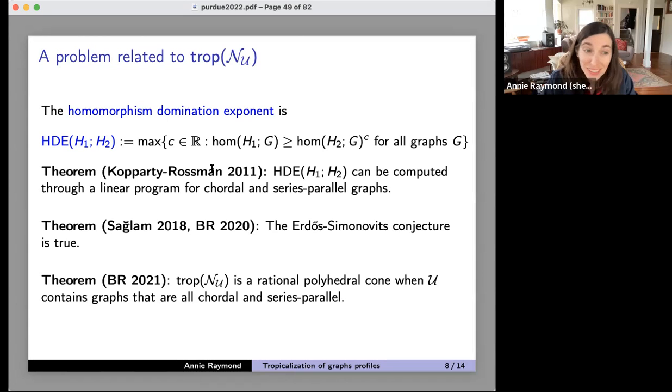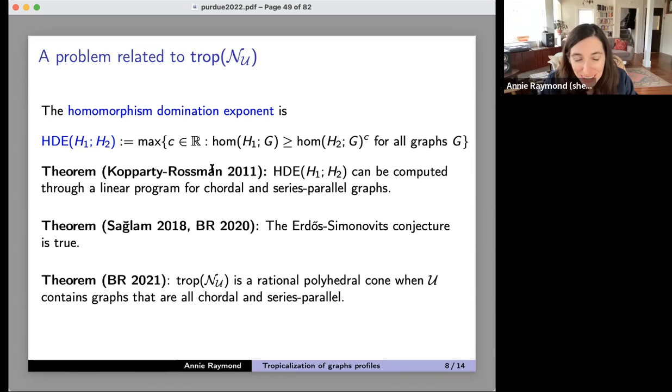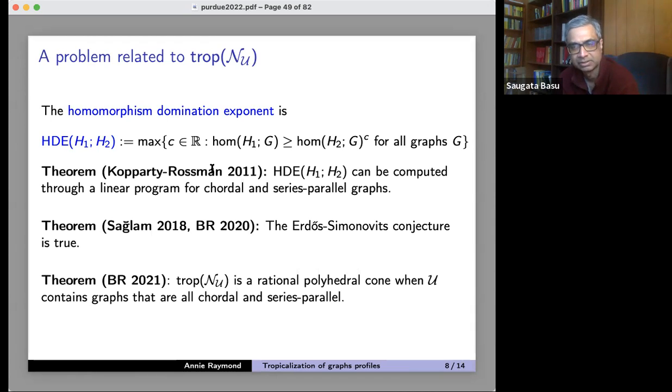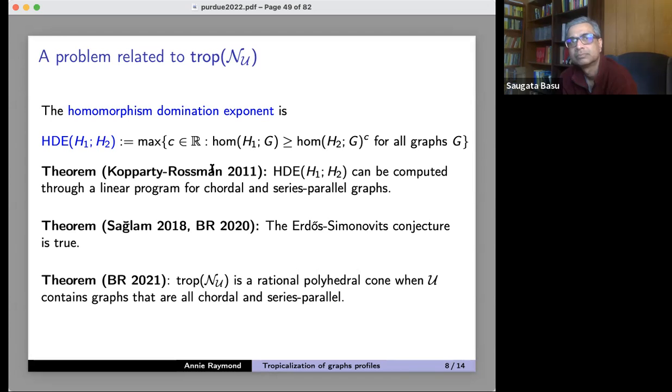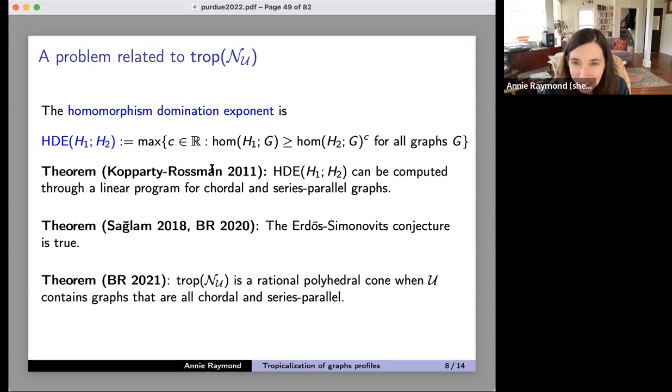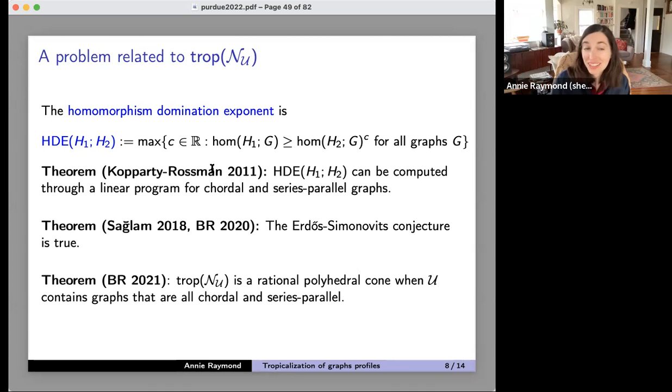And we would be ecstatic if it turned out that it is always polyhedral. I don't know much about tropicalization in general for algebraic geometry, but definitely in this case it is not trivial. And a lot of people are very dubious that it will always be polyhedral. It would be very nice if it was.